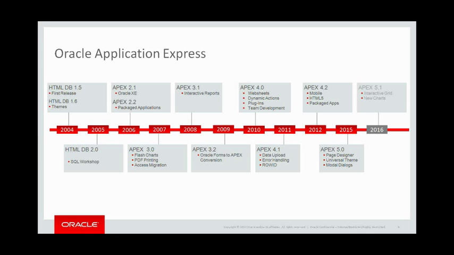Things you typically developers know from desktop tools are now incorporated into the browser. And the universal theme, which allows you to create modern responsive applications simply out of the box. So you create a standard application, and the universal theme is the default. It's the default layout configuration.